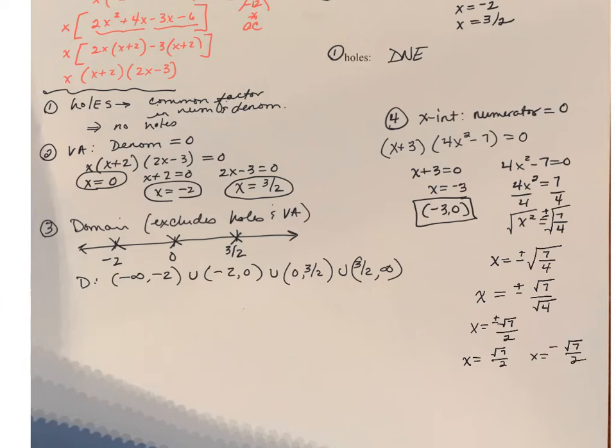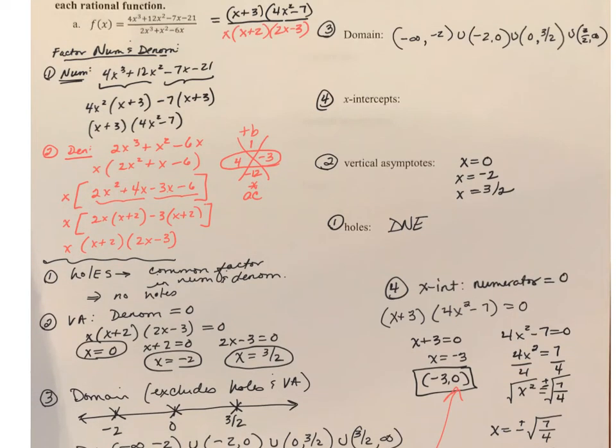Now remember again, x-intercepts are points, so your points are square root of 7/2, comma 0, and negative square root of 7/2, comma 0. Okay, and so those are your x-intercepts. We have 3 of them: negative 3, 0, and plus or minus the square root of 7/2, and 0. So you can add that to your list here at the top.